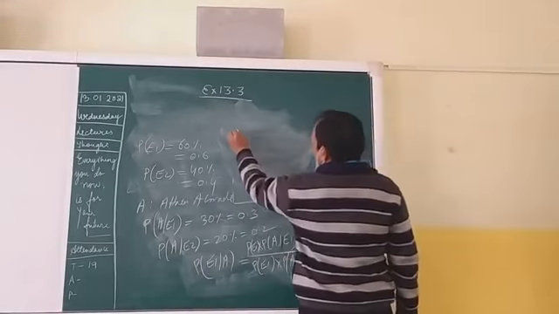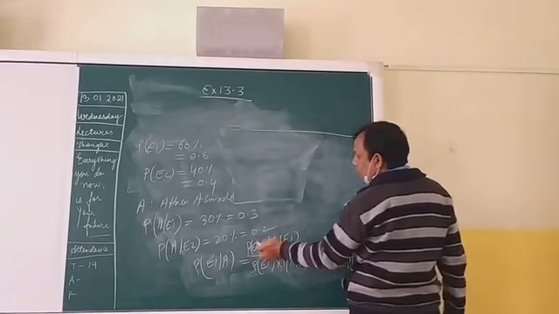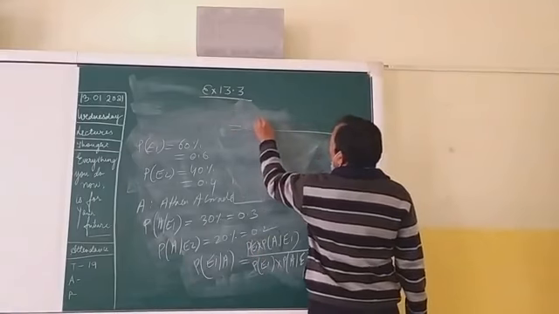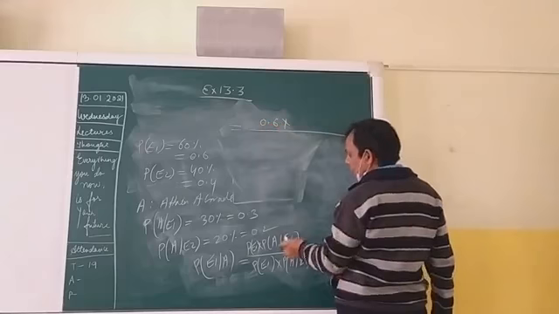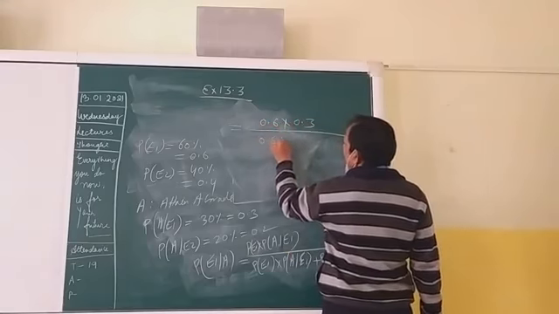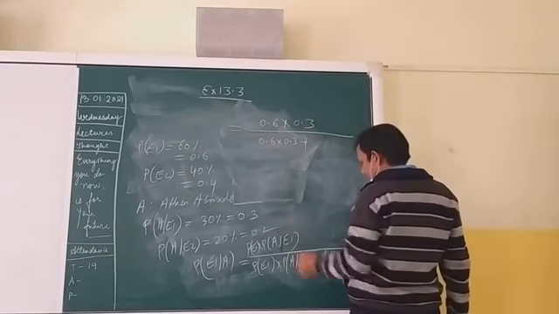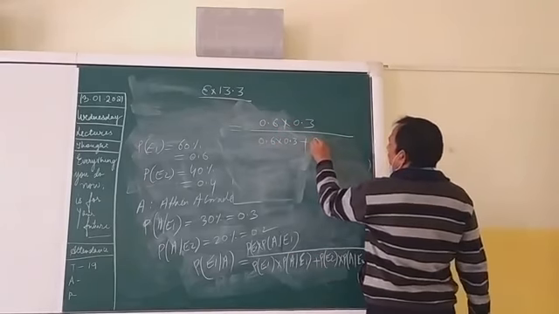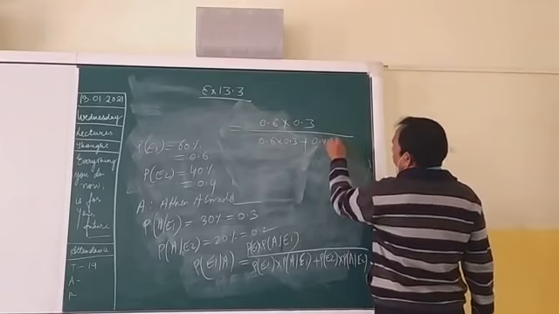What is the value of P(E1)? 0.6, and P(A|E1) is 0.3. So here 0.6 into 0.3 plus 0.4 into 0.2.